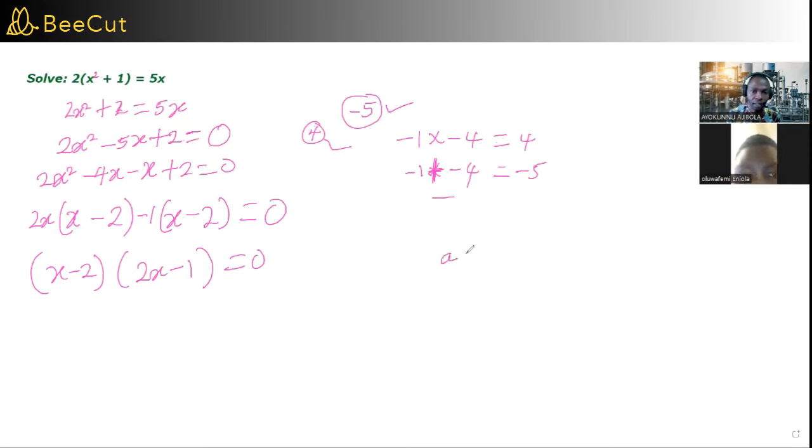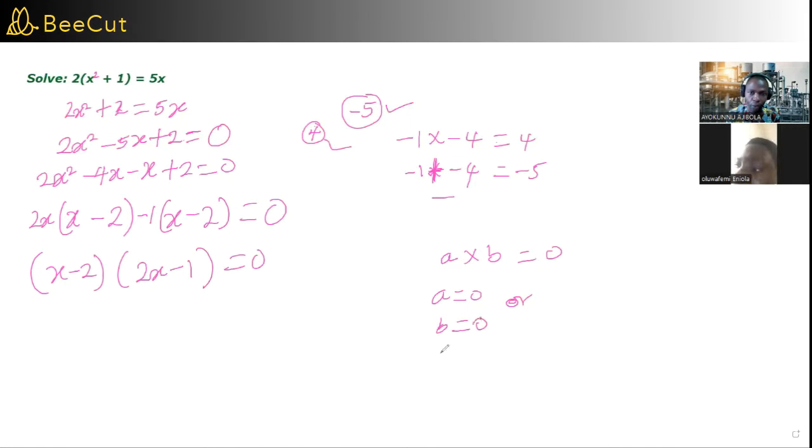So now the meaning of this is that this whole bracket times this whole bracket equals 0. If I have a times b equals 0, under what condition can a times b be 0? Either a equals 0 and b is a number, yes or no? Yes, sir. Or a is a number and b equals 0, yes or no?